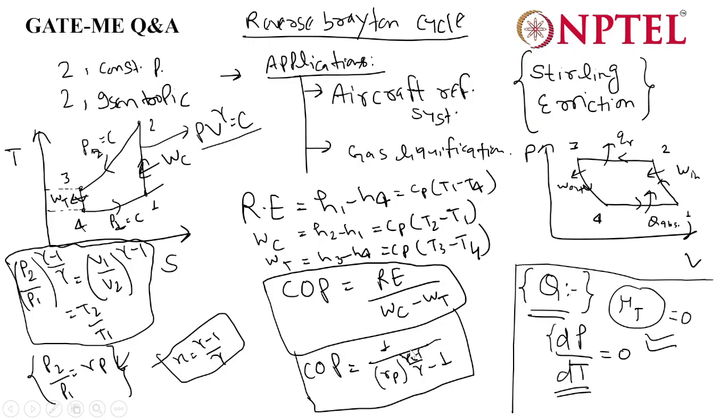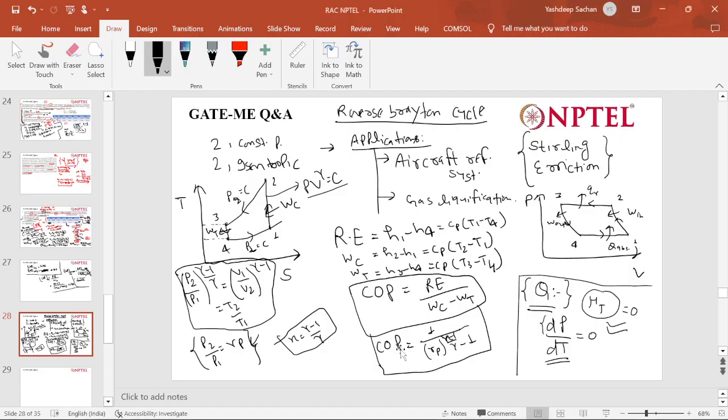This is gamma minus 1 over gamma, this is a power actually. I was asking, sir, whether the COP of the Brayton cycle and the COP of the reverse Brayton cycle are different.